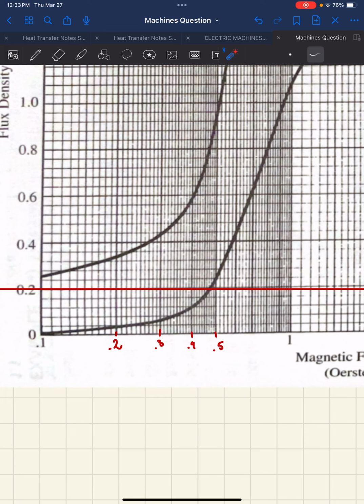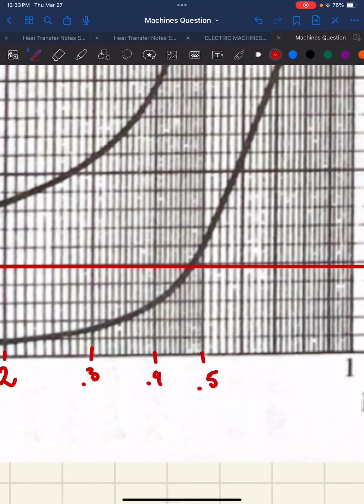We're going to have to do our best to see where this crosses. Over here, which to me looks like 0.48. But keep in mind that my figure is a little bit skewed.